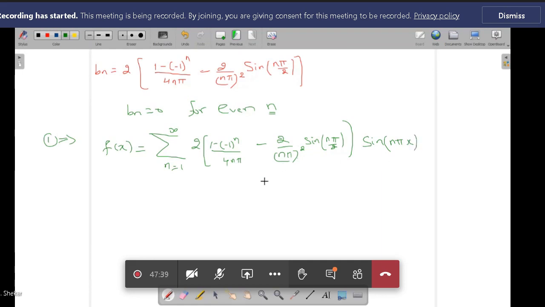This is the required Fourier half-range sine series for the given piecewise function.